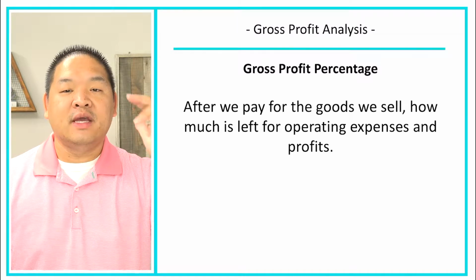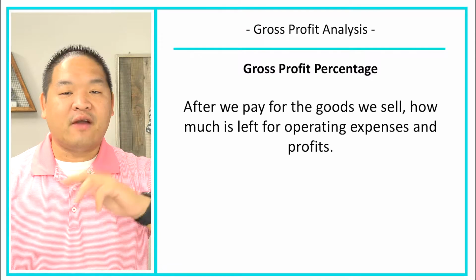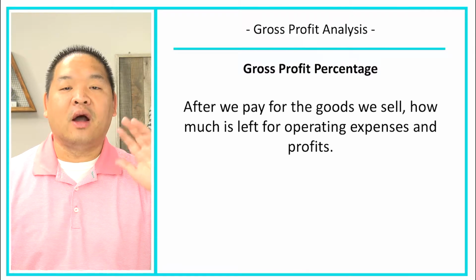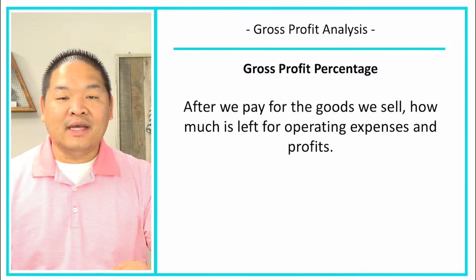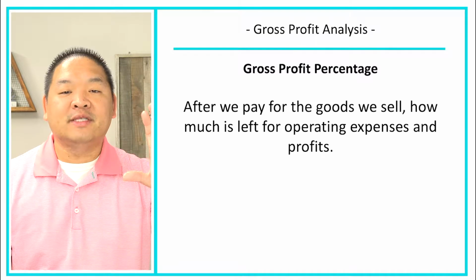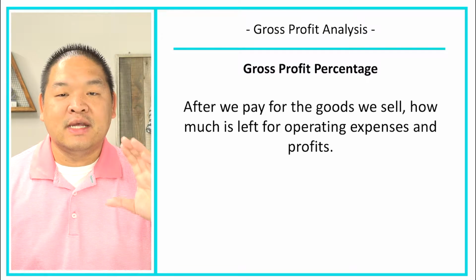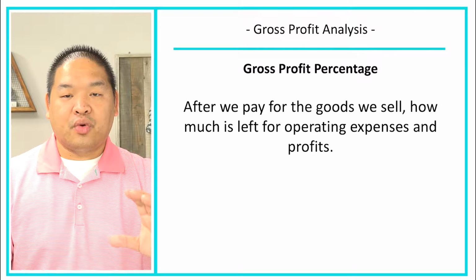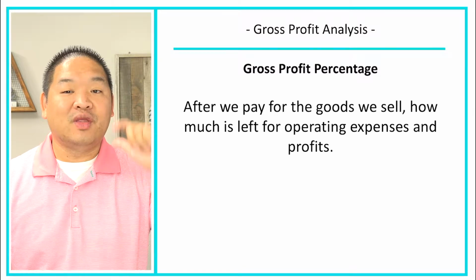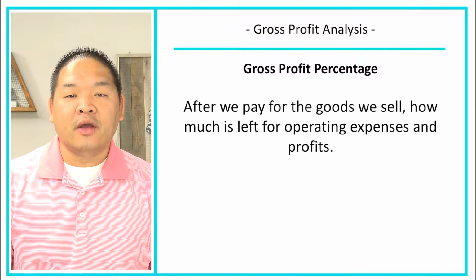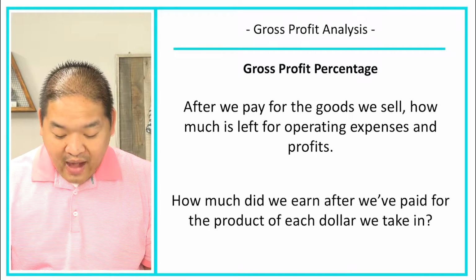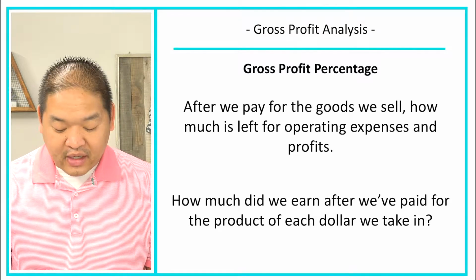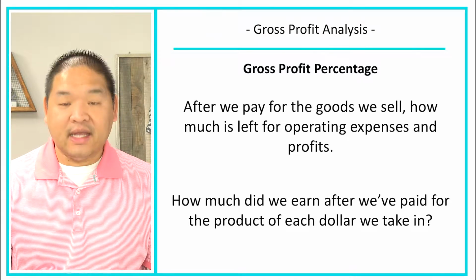That gross profit is what we use to pay for everything else that we have to pay for, operating expenses and our profit. Operating expenses are basically every other expense necessary to actually sell the product. So it doesn't actually include the product itself, because we're going to take that out at the very top. So how much did we earn after we paid for the product of each dollar we take in?